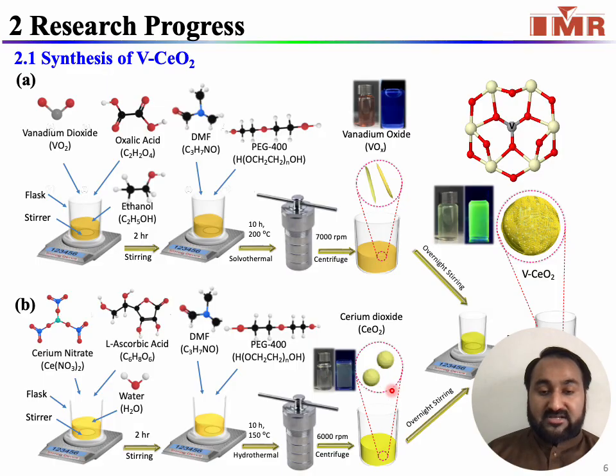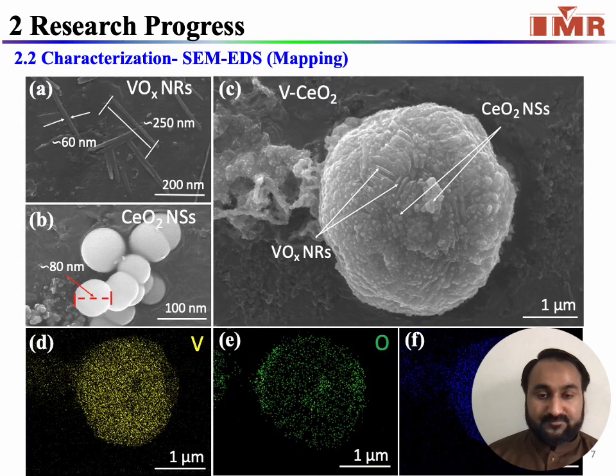So we prepared CeO2 nanospheres. Then we combined all these materials under vacuum conditions to merge and functionalize them, and these are the resultant preparation and the fluorescence effect.